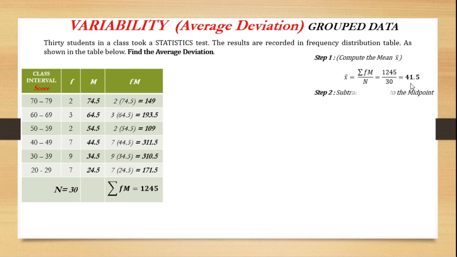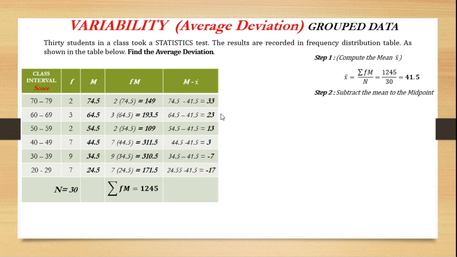After getting the mean, step 2 is subtract the mean from the midpoint. This is our column for the midpoint, and each of these midpoints will be subtracted by the mean 41.5. So we are going to create a column for the midpoint minus the mean.